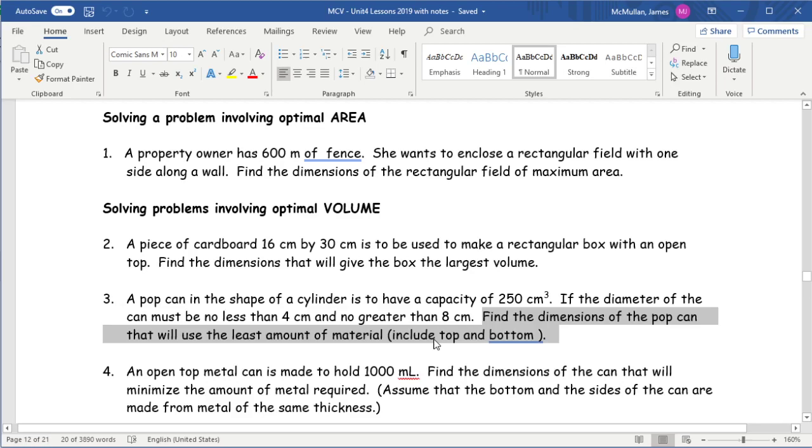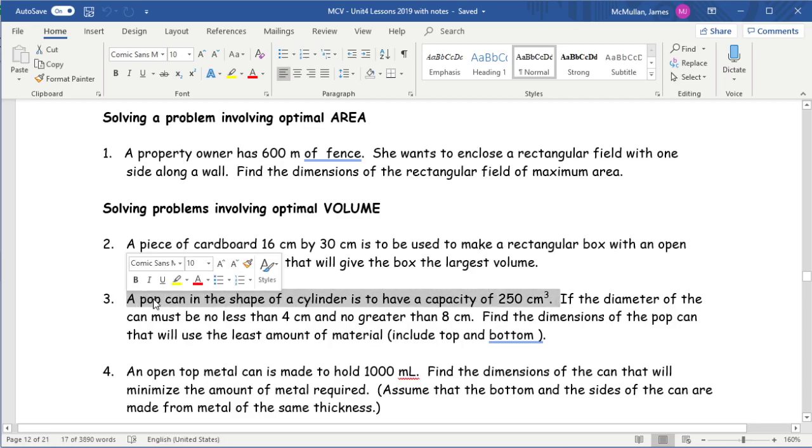It should be 0.1 millimeter wide or whatever. It should be very tiny. The idea with this unit is that you are given some kind of constraint that you need to make sure is true. And then once that constraint is true, then you find the best possible pop can.